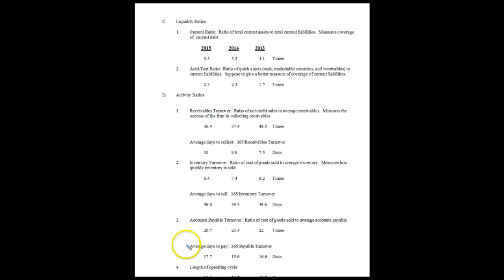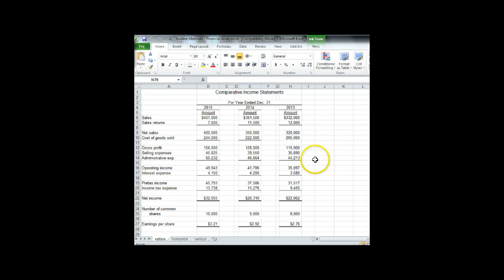So I want to point out that in the course, you also will have in an Excel spreadsheet the financial statements for this company where I calculated these ratios. And let me show you that here real quick. So I wanted to show you, here's the income statement.